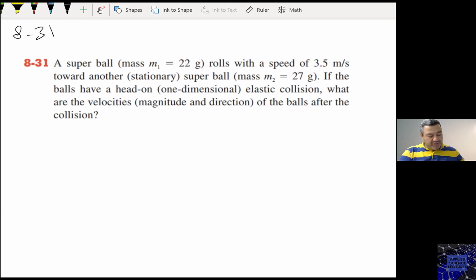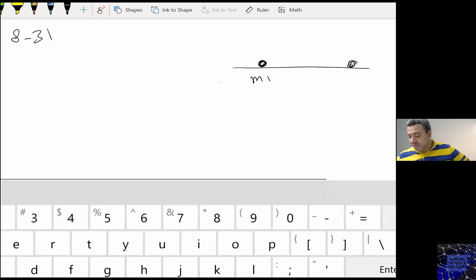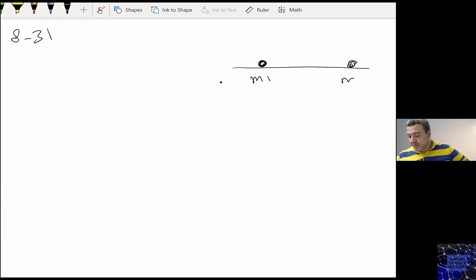between two Super Bowls. We will draw the before and after collision diagrams here. So we have M1, M2, V1, while V2 was 0. M1 is 22 grams.